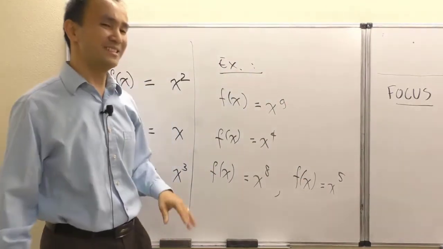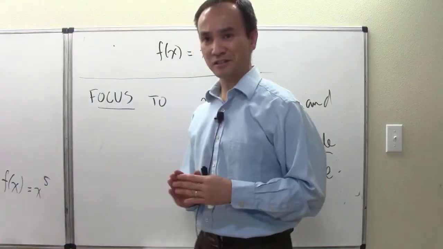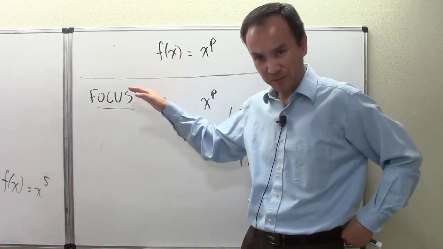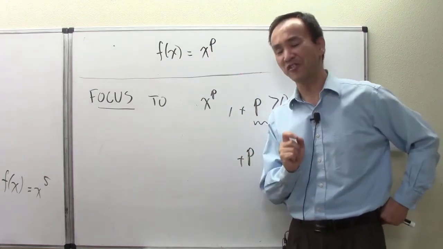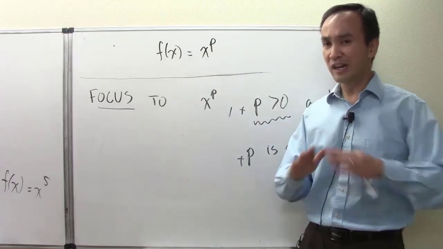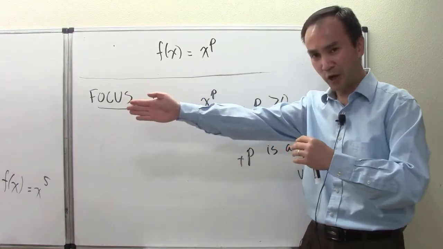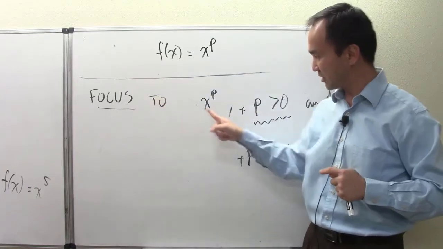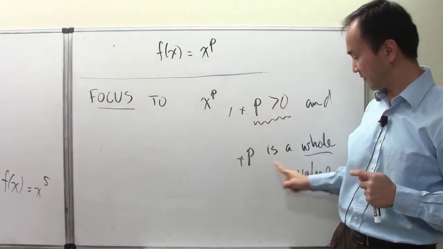Now I'm going to get straight into learning about the graphical behavior of these things, because the one fascinating feature with power functions is their graphical behavior. For now, because we're learning about these power functions as a stepping stone to lead our understanding into polynomials, which will come later in this same lecture, allow me to focus on x to the p, where the power is positive and whole value.